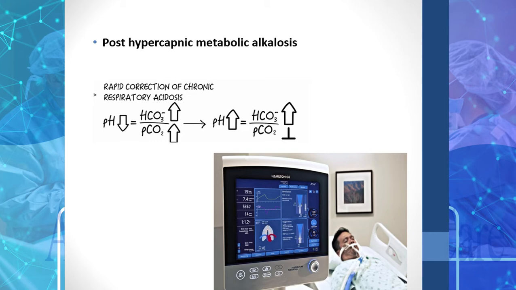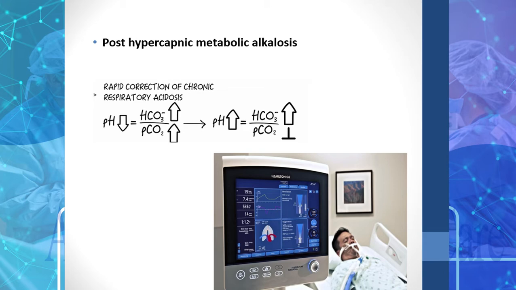Otherwise, we can use acetazolamide to correct this problem. There is a study done, and using acetazolamide in this condition will help the patient and will not cause any side effects, and it will also not increase the time for weaning or increase the time of mechanical ventilation.